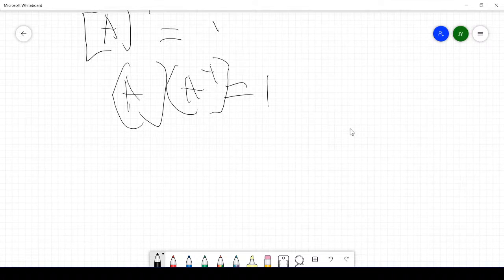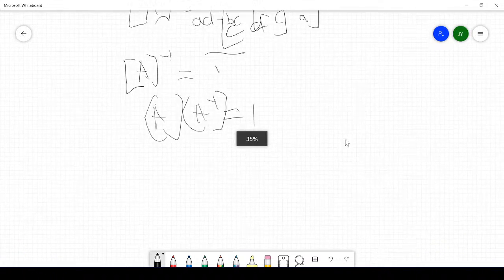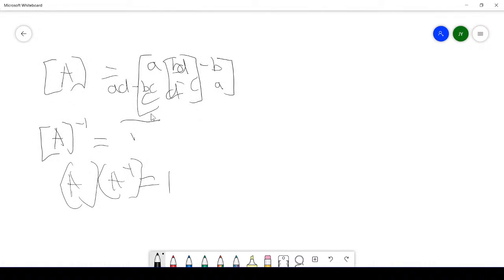Now, this is because in this case, it's essentially just 1 over A, which is effectively the same as dividing something by something. So let's try finding the inverse of some 2 by 2 matrix. The larger the matrix gets, the more different the rule is, so it's just easier to memorize that rule for now.